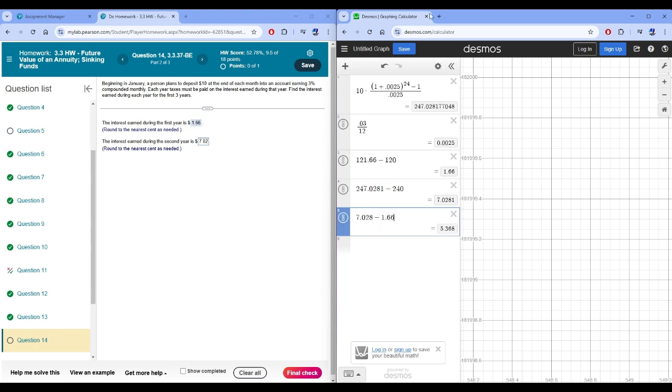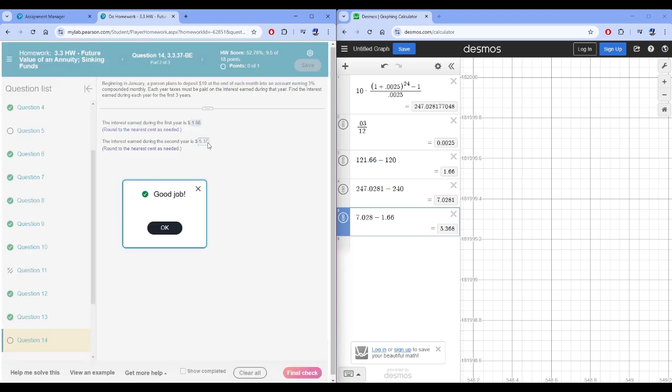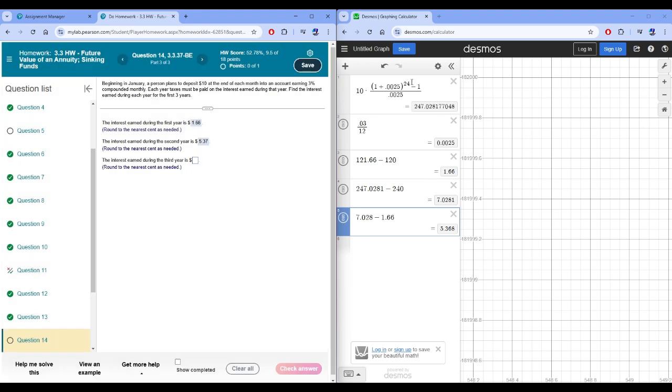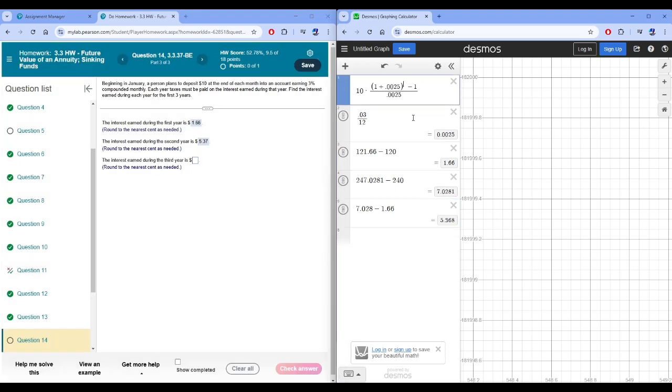Did we earn $5.37? 5.37. Is that what it is? That's what it is, because that's the interest that was earned during the second year. I got it now. And now the third year would be 36 months.